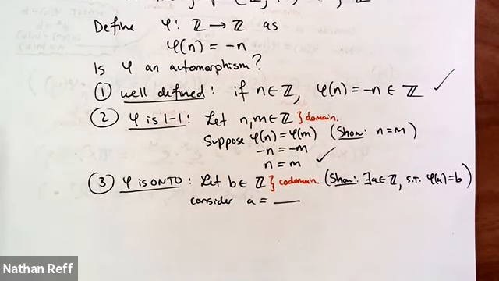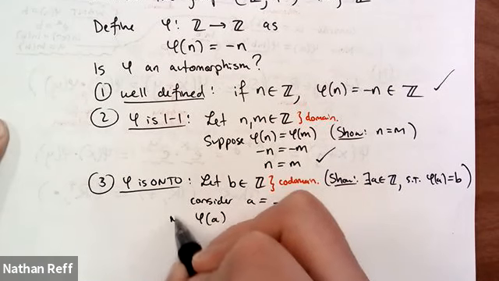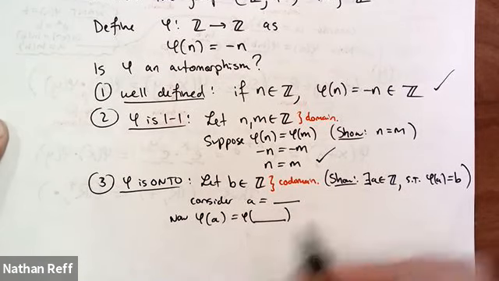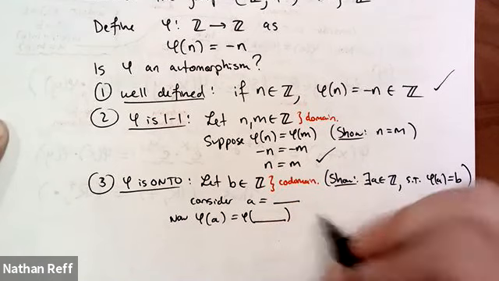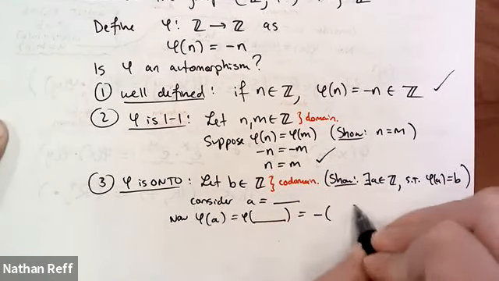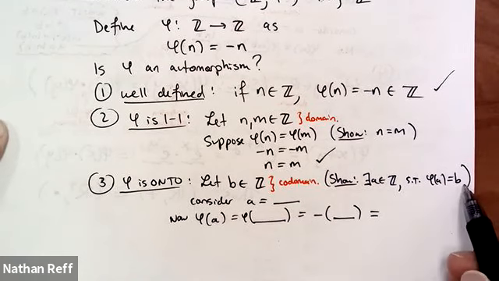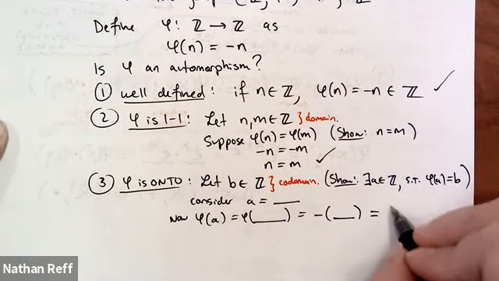So consider, fill in the blank, phi of A is equal to what? That's going to get sent to negative fill in the blank. And what do you want this to be equal to? You want it to be equal to B, right? So you want phi of A to be equal to B.